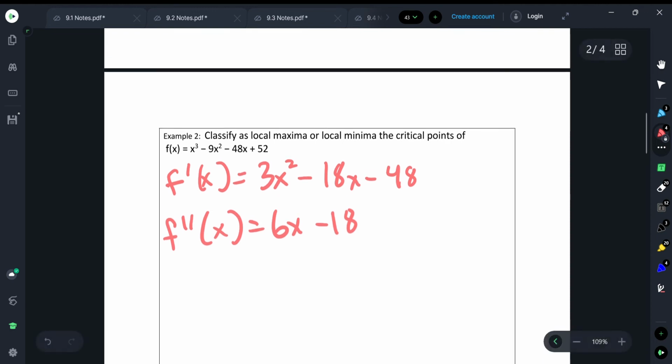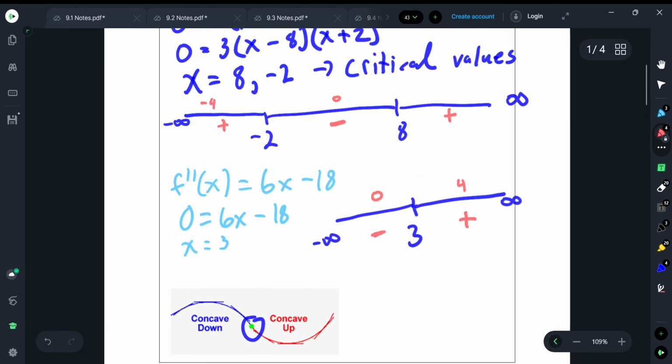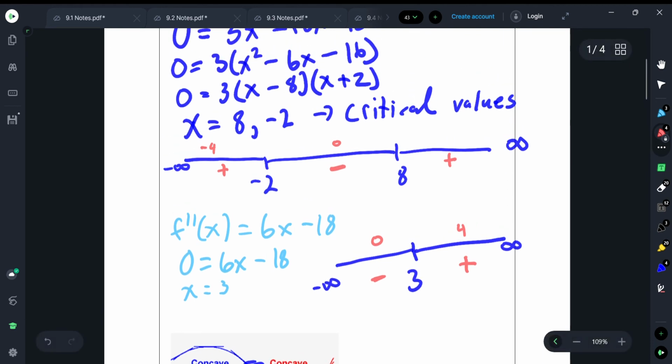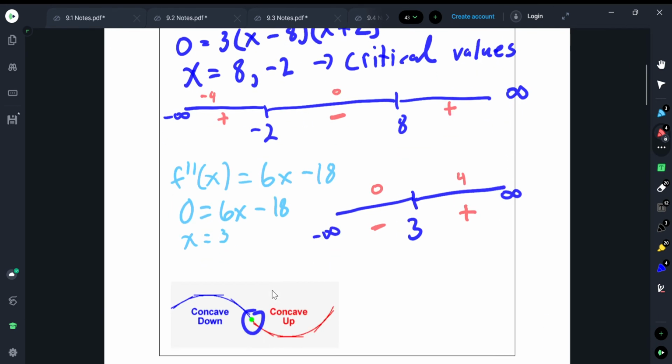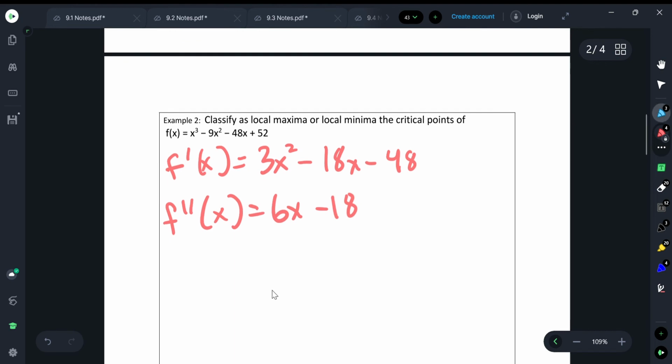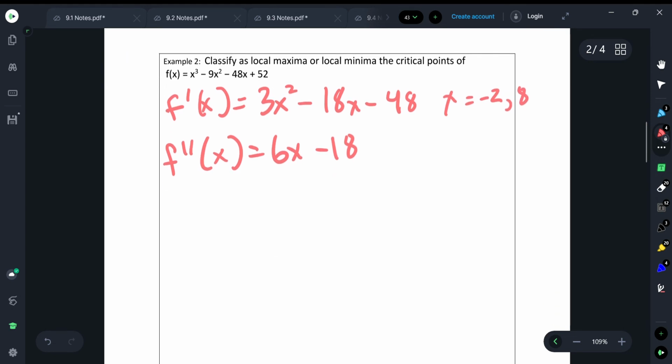It's always more than one way to do things in math. So all I do is find my critical values, -2 and 8, and I substitute those into the second derivative. Let's start with -2 and put that in.